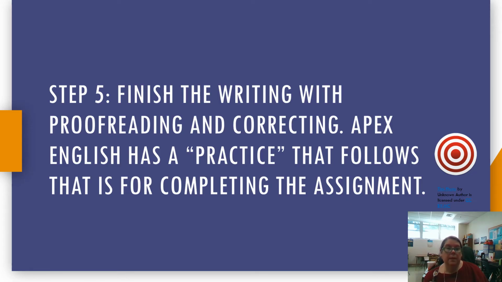All right, so finish the writing assignment with proofreading and correcting. In the Apex, they have this little target thing called practice. Practice really means finish your assignment. I don't know why they don't call it finish your assignment, but that's what it is. It'll go back and say proofread, look for fragments and run-ons, and make sure your spelling, capitals, and punctuation are correct.